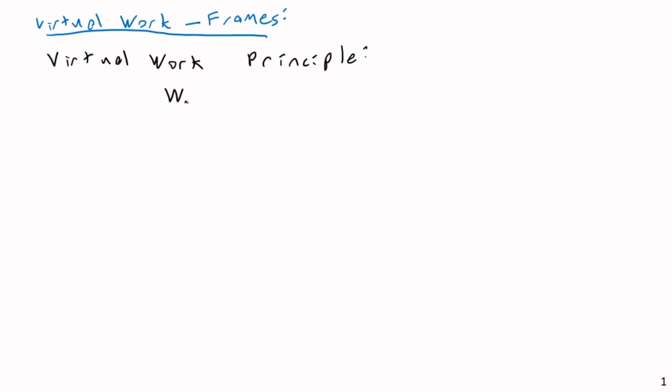Essentially, the virtual work internal is equal to the virtual work external, although usually I'll write it the other way: virtual work external is equal to virtual work internal. So if you have a virtual unit force, the external work done by it is equal to the internal work done by it.